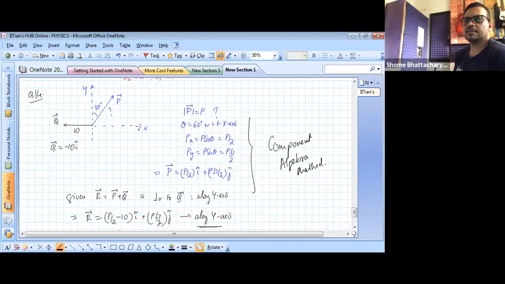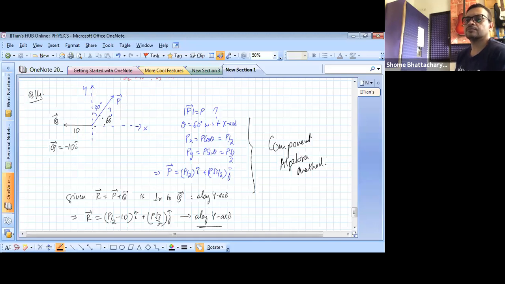Okay, so what I'm doing is I'm making use of component algebra to express p in i cap j cap form and q in i cap j cap form. So q in this form is minus 10 i cap, because it's a vector of magnitude 10 along the negative x-axis. On the other hand, p's components will be unknown because the magnitude is not known, but this angle is 60 degrees with the x-axis.